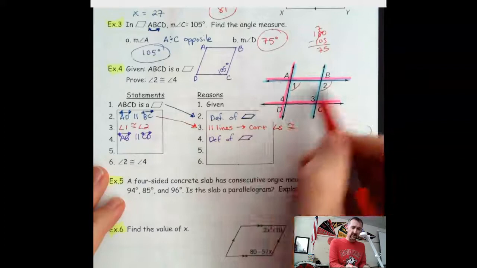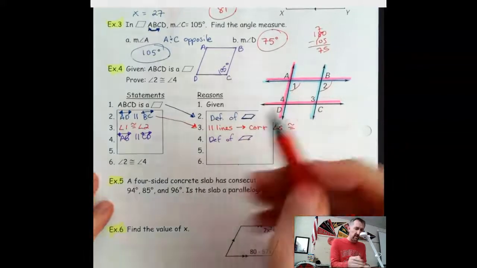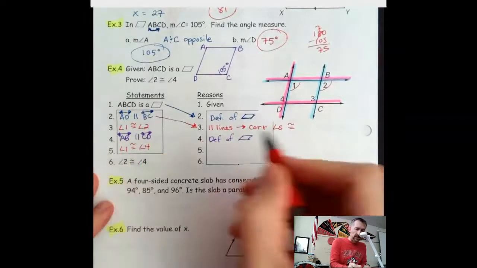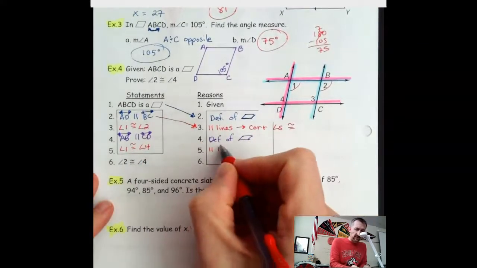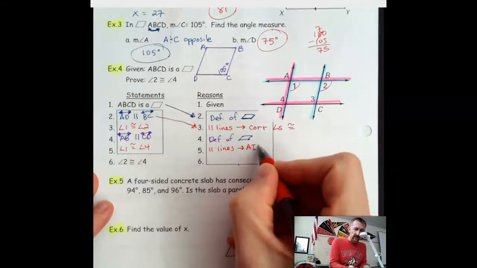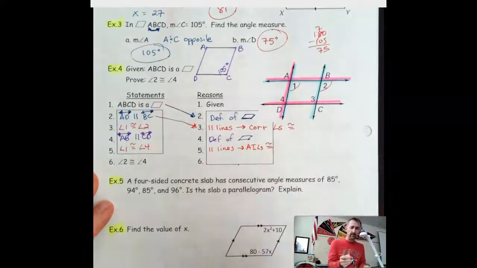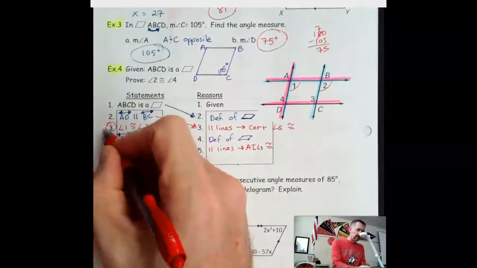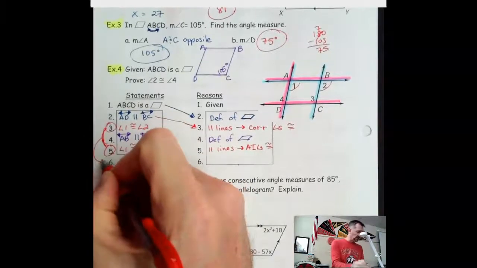So if we focus on the pink lines here, now we can say that angle 1 is congruent to angle 4. And that's because parallel lines mean that alternate interior angles are congruent. And now if we focus on these two and put them together, that gives us our next statement.